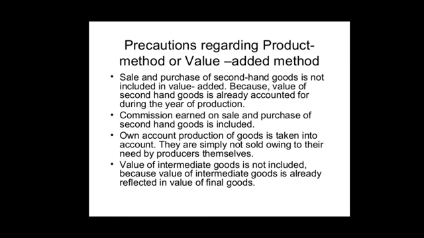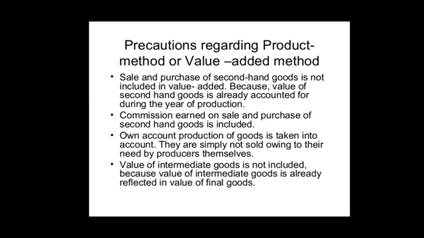However, any brokerage fee or commission paid on any sale or purchase of second-hand goods ought to be included in the calculation of national income because this is a new service rendered in current year.